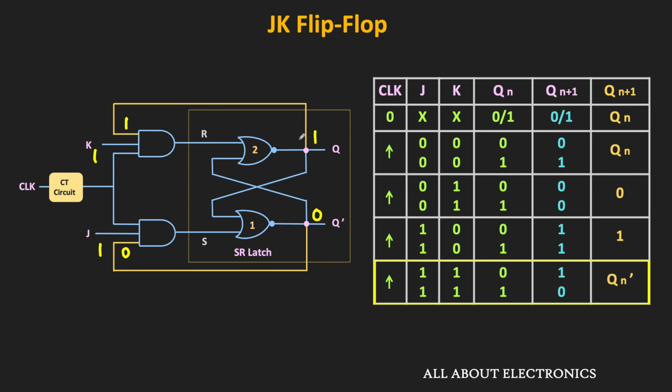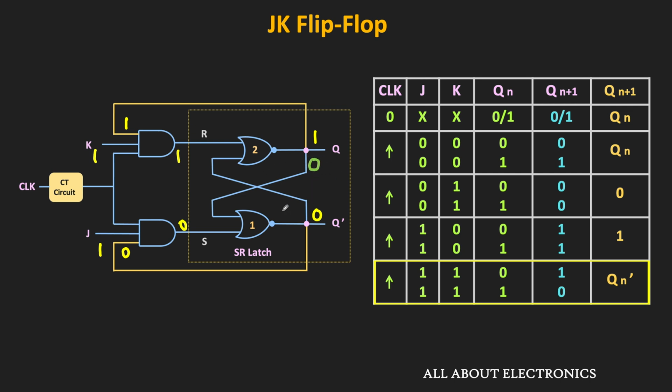So if Q is 1 and Q bar is 0, then the output of the upper AND gate will become 1. On the other hand, the output of the lower AND gate will be equal to 0. So in this condition, S is 0 and R is 1, and therefore the flip-flop will get reset. That means in the next state, the output of the flip-flop will become 0.